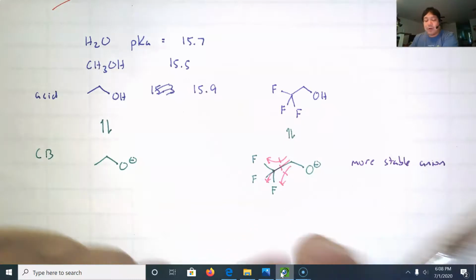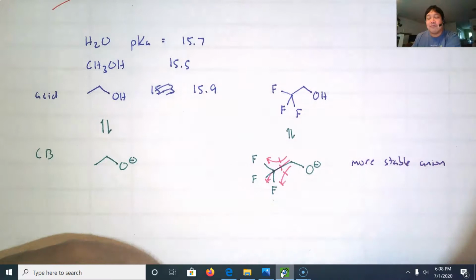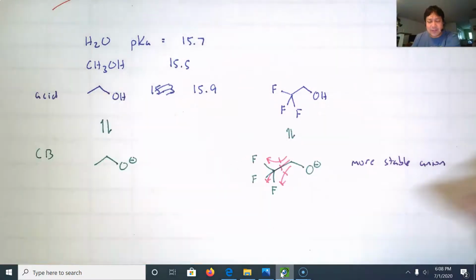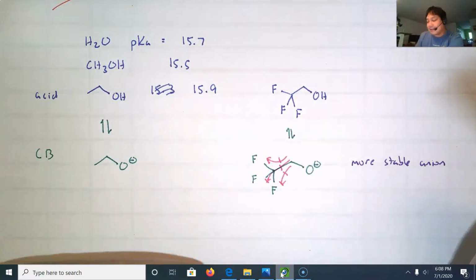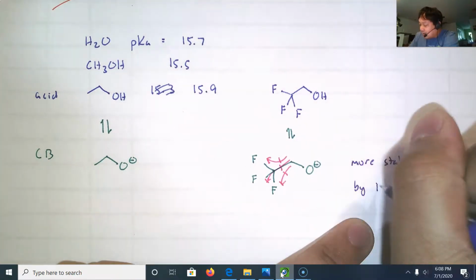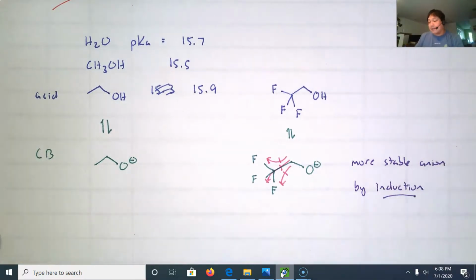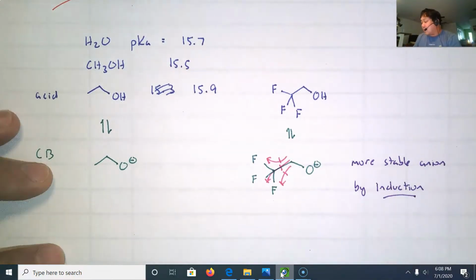I'm saying that this molecule is more stable than this molecule. This effect, where you're pulling electron density through bonds, is not resonance. Resonance is shifting of electrons. This is just pulling electron density. This is called induction. So this is by induction, not resonance. What else do we know about our acidity trends?